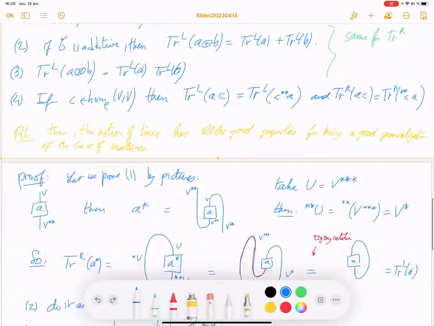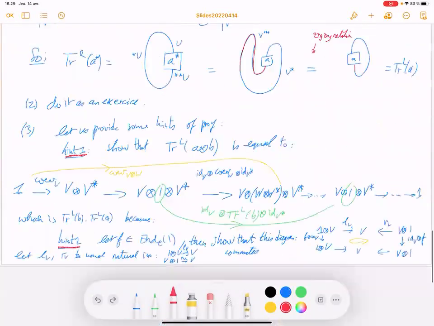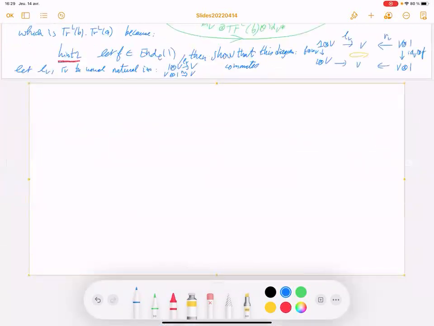So as we said, we need this star. This can be proved very easily with a picture.